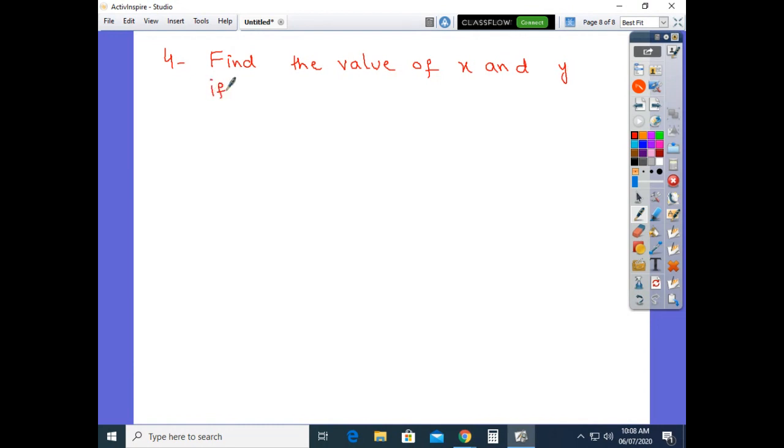Given that x plus iota y plus 1 is equal to 4 minus 3 iota. Here we are to find the values of x and y.